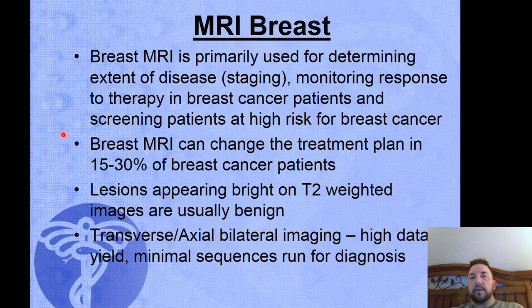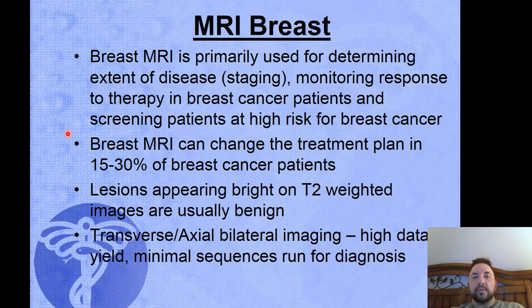Anytime we're imaging breast MRI, it has to be with and without, or in order of events, without and then with the injection of contrast, in order to see lesions that have enhancement properties. Only breast MRI utilized to rule out implant rupture or tear would be imaged without the injection of contrast. Breast MRI can, according to the literature, change treatment plan in 15 to 30% of breast cancer patients.